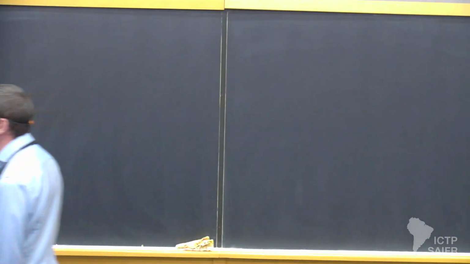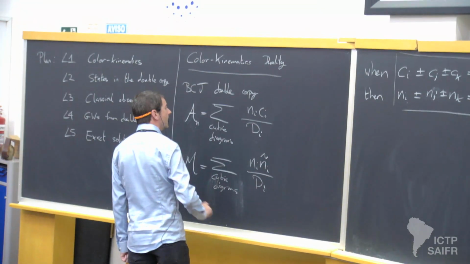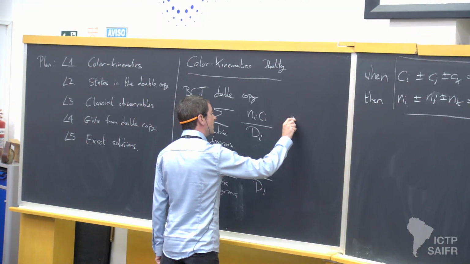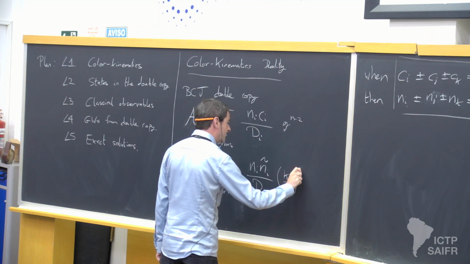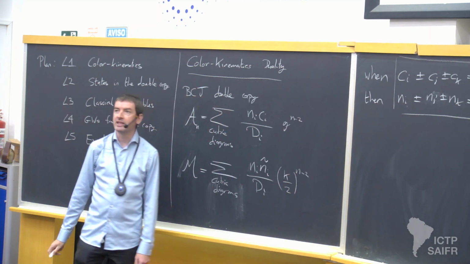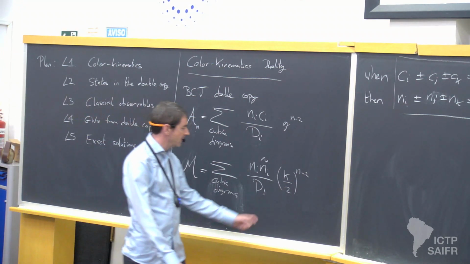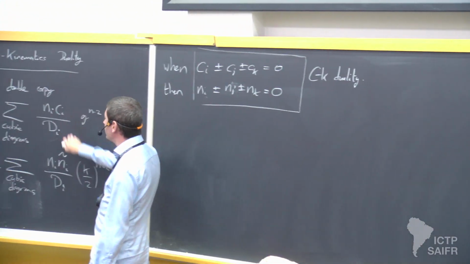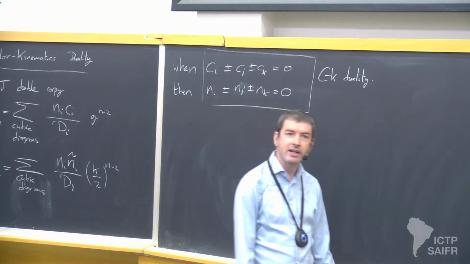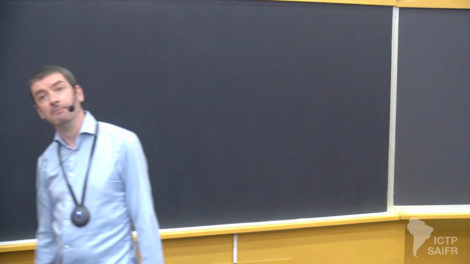If this was a tree diagram with n points, then there would really be a factor g to the n minus 2 here. And here there would be a factor kappa over 2 to the n minus 2. This kappa is the gravitational coupling that we tend to use, basically the square root of G Newton up to maybe some factor. And there can also be various factors of i running around here which you might have to worry about. Those are convention dependent, so I'm just going to ignore them.